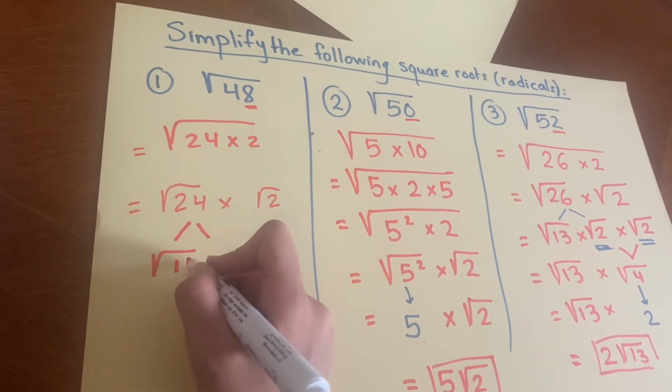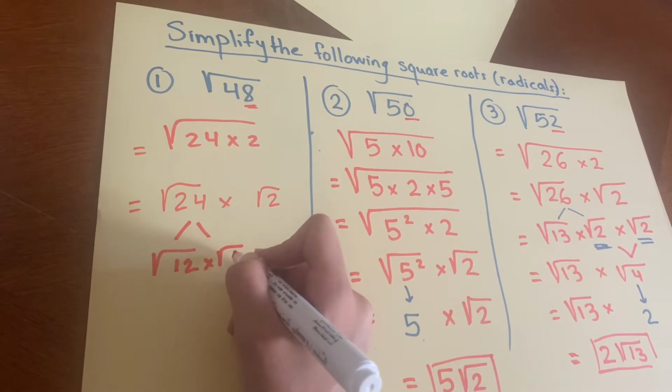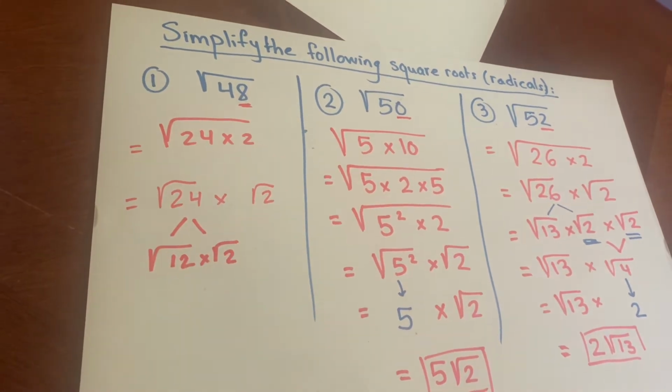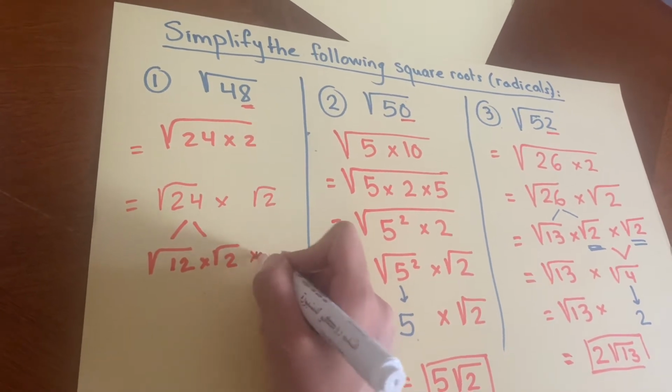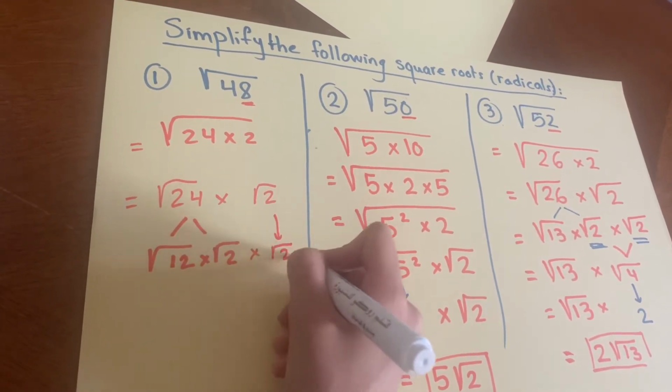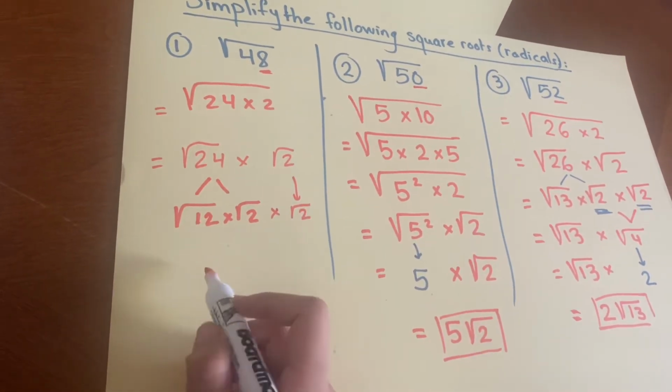And I'll choose 12 times 2. Or you can choose different ones as well, okay? And you still have times the radical 2, which stays the same. Pay attention here, you don't have anything power 2, so you keep it the same.